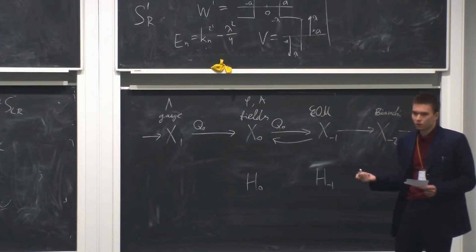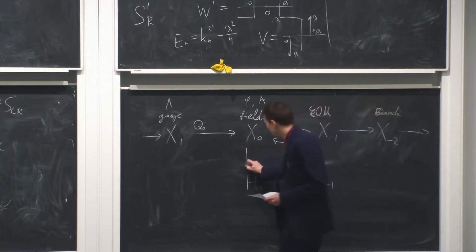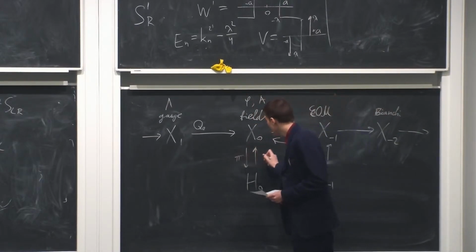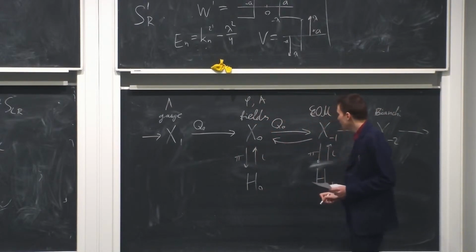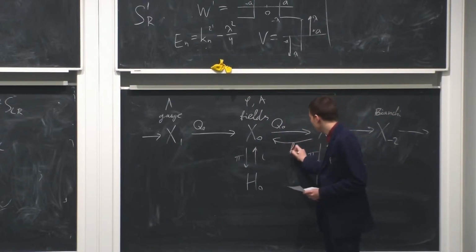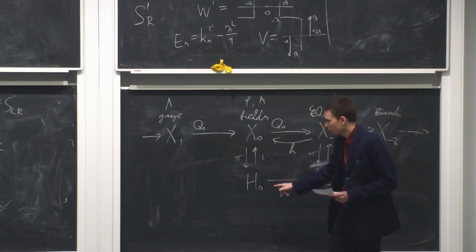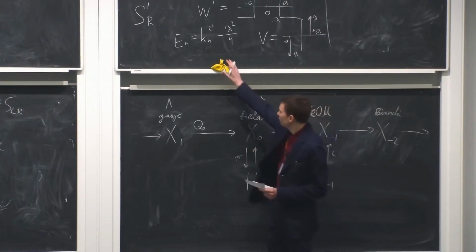Now, what do people usually do with this setup? Again, there are some quasi-isomorphisms, pi and iota. They produce some homotopy. And here, actually, let me be a bit more general.